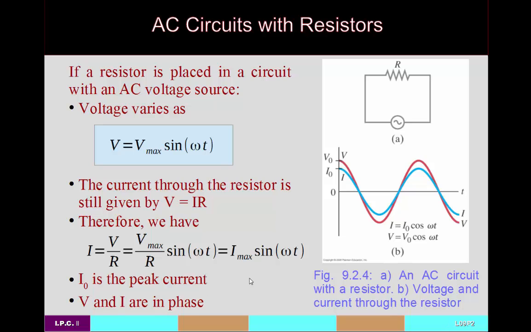V max over R would be I max, so electric potential difference divided by resistance is current, and the maximum potential difference divided by the resistance gives you the maximum current. So I max or I naught would be the peak current, and you'll see that V and I are in phase. That means that both are at a peak together, both are at their troughs together, both hit values of 0 together, etc.